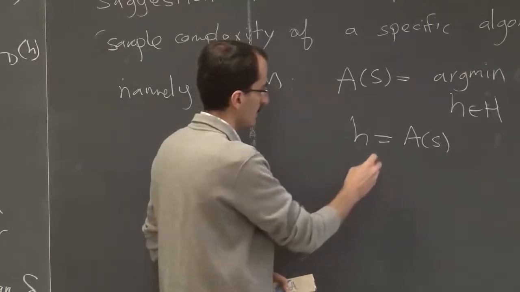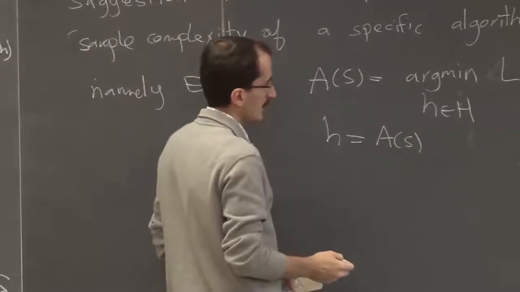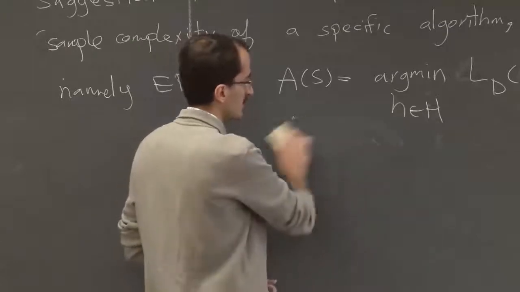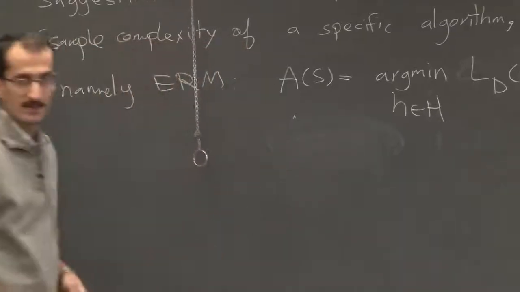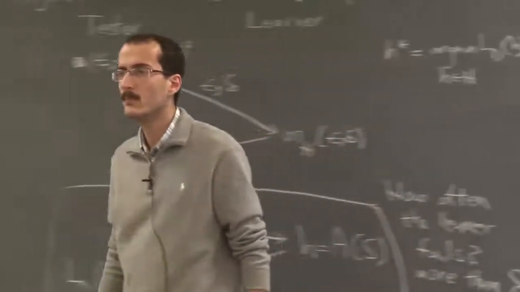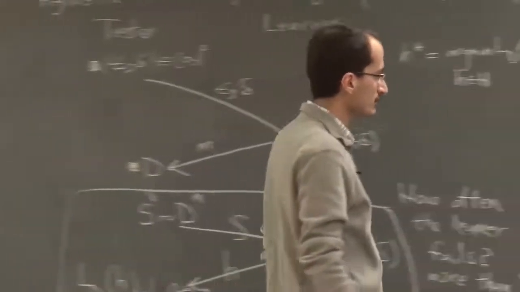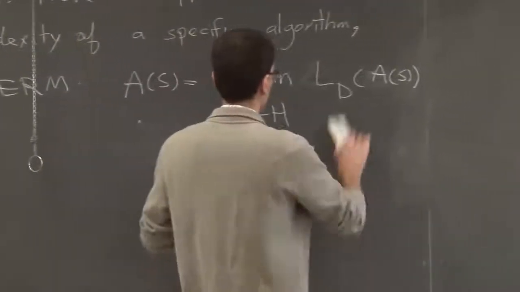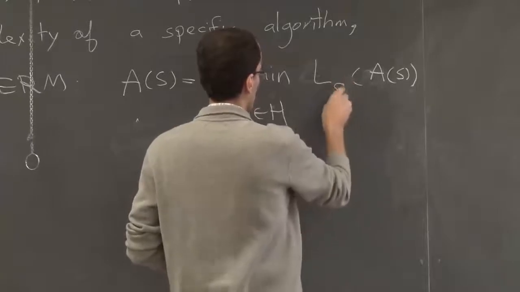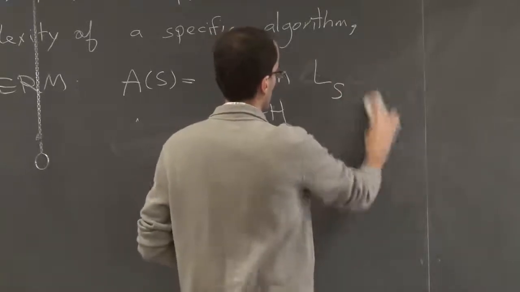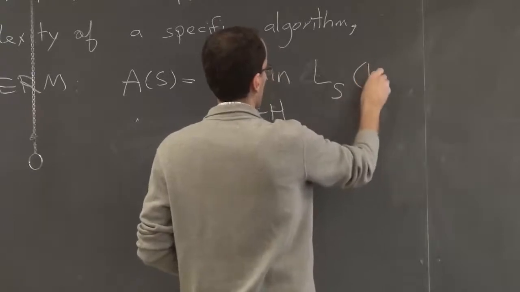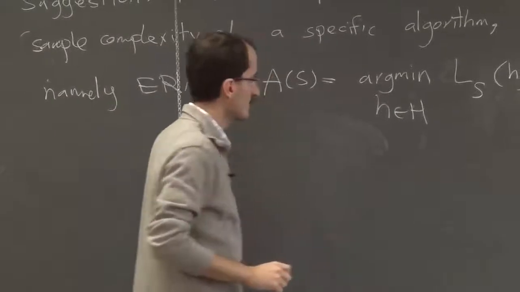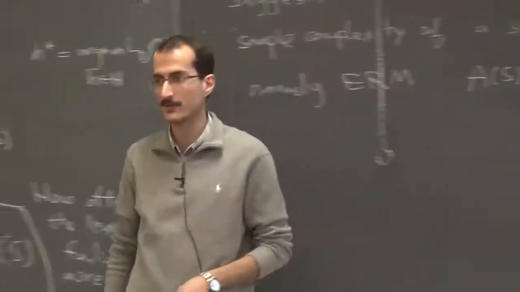So if I compute the loss of this one, it will output... It's a little bit inaccurate, but I think it gives the idea. Change your D subscript to an S, and then you're not taking the min over A of S. A of S just has this one function. Yes, you are right. I'm wrong here. It works on the sample, not on the distribution. Sorry. Thank you.